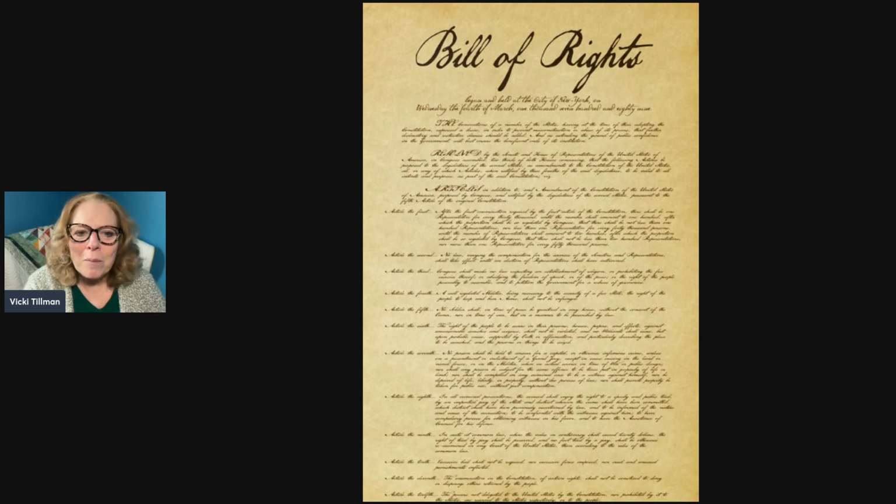All right, so we will go into more detail on all the different sections, because it also says, in section 3, no person shall be a senator, representative in Congress, or an elector for the president or the vice president, or hold any office, civil or military, under the United States, who has engaged in insurrection or rebellion against the same, or given aid or comfort to the enemies thereof.